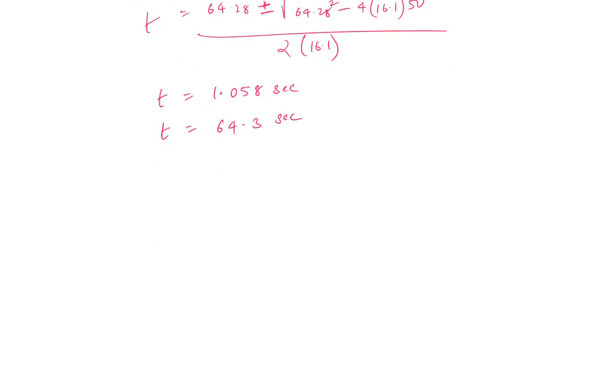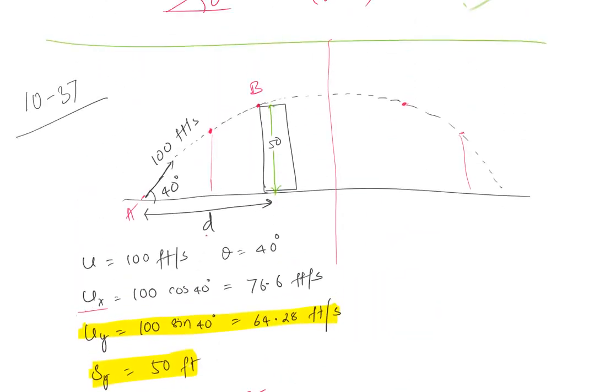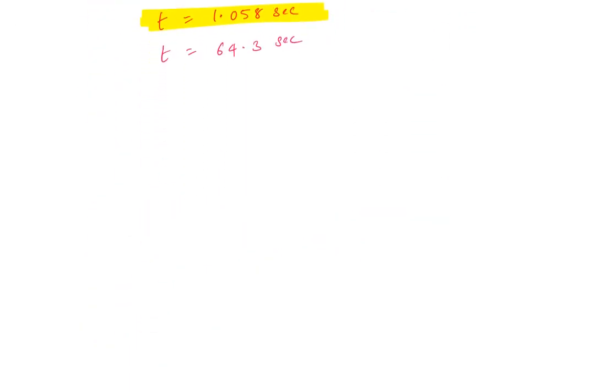Once you have the time and the horizontal velocity, you can find the horizontal distance. So d is equal to ux times t.